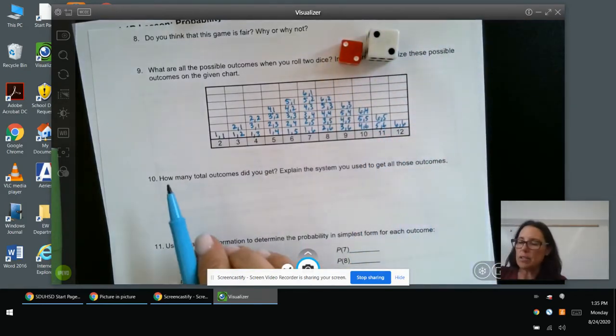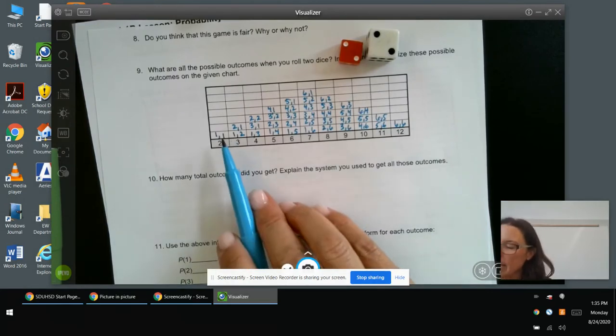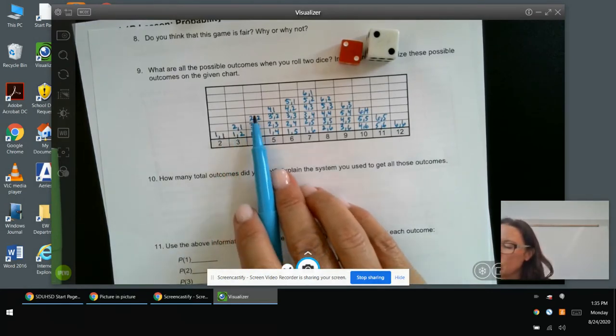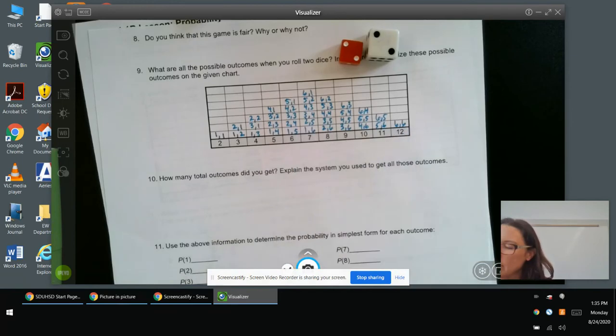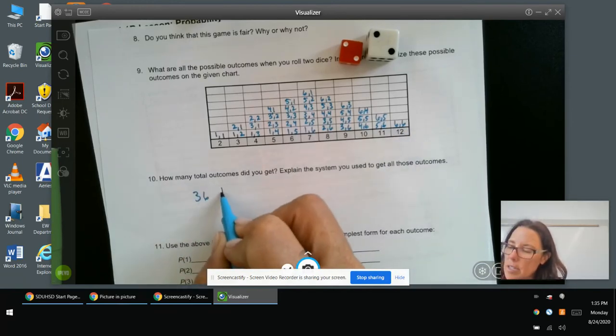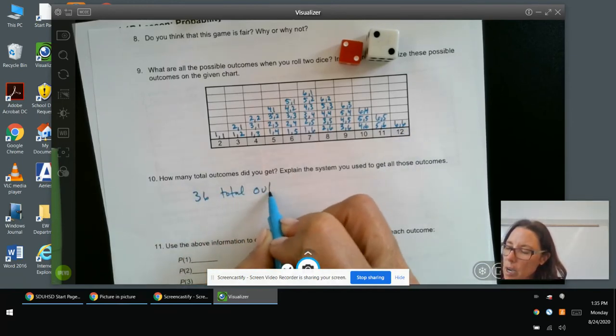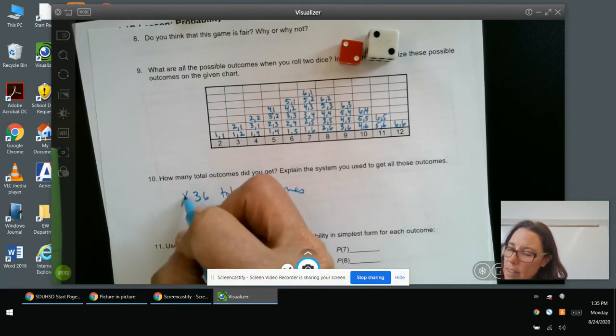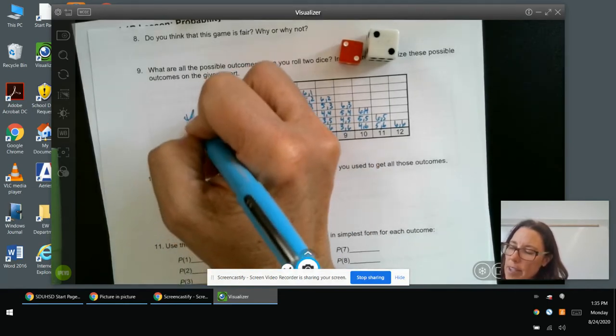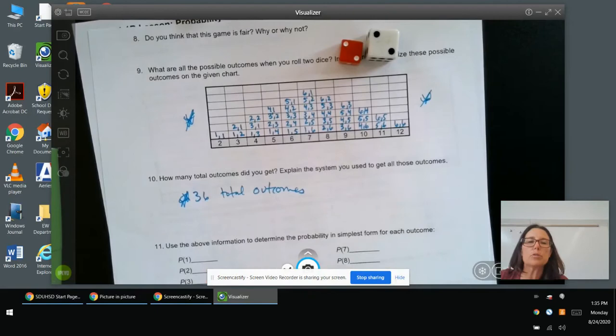All right, so how many total outcomes did you get? If I count all these up, 1, 2, 3, 4, 5, 6, all the way down, there are 36 total outcomes. Okay, this and this are super, super key.